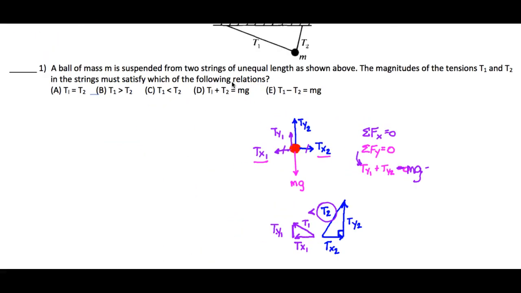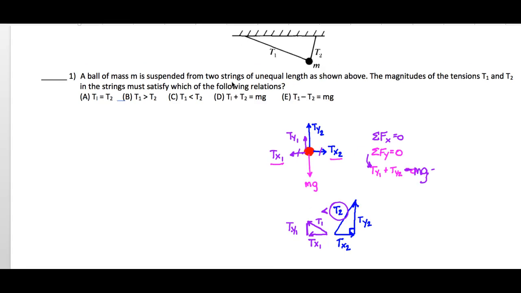Okay, so Ty1 plus Ty2 minus mg is equal to 0. And so what we're saying is that Ty1 plus Ty2 is equal to mg when I add it to both sides.